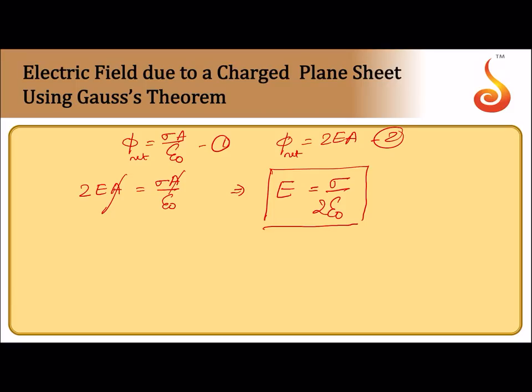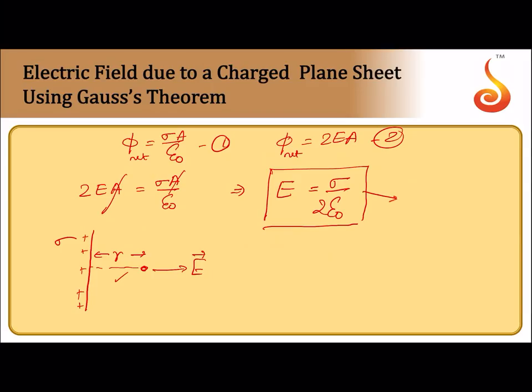E is equal to sigma divided by 2 epsilon naught. So this is a sheet of charge and the electric field at a distance r is given by sigma divided by 2 epsilon naught. Did you notice a very important thing? Number 1, the electric field is away from it. Second, most importantly, this equation tells me that it is independent of the distance r.